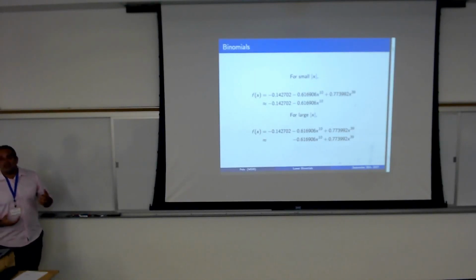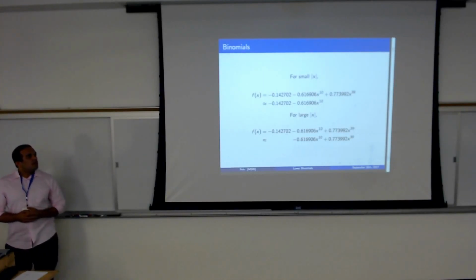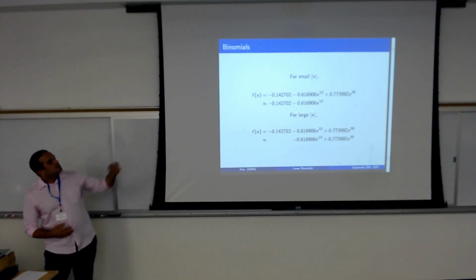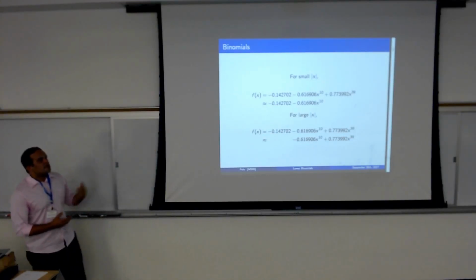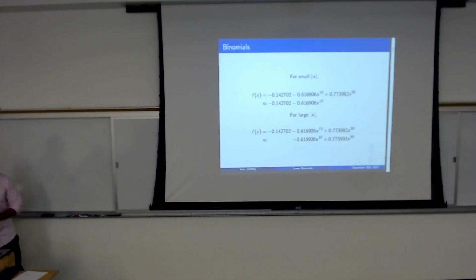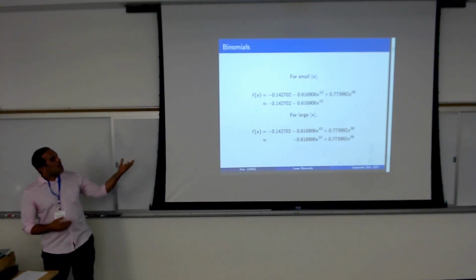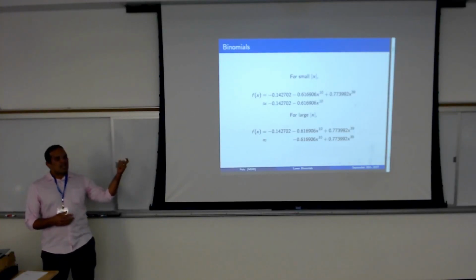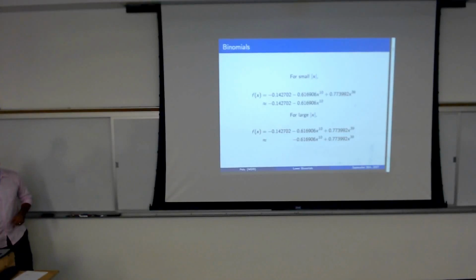In the neighborhood of x, the polynomial f is going to behave pretty much like that binomial. In the other case, if we have a root of f which is really large, then we can get rid of this other term, and in a neighborhood of x, f is going to behave pretty much like that binomial.